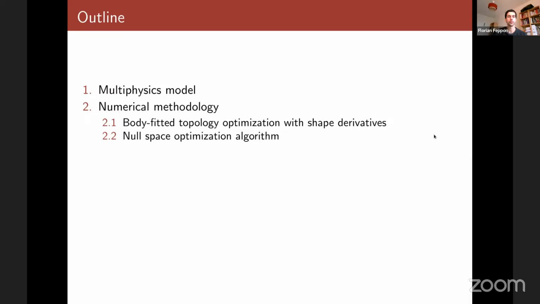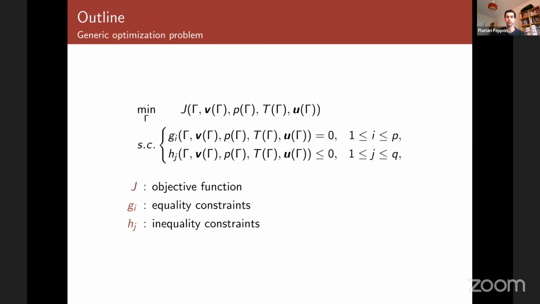Okay, so the second ingredient of this methodology is the null space algorithm. In order to take into account generic constraints, we implemented our own algorithms. We wanted to be able to solve, with the level set method, arbitrary optimization problems with equality constraints and inequality constraints. So let's say that we have P equality and Q inequality constraints.